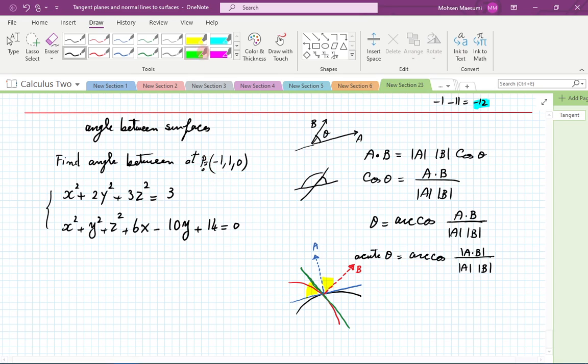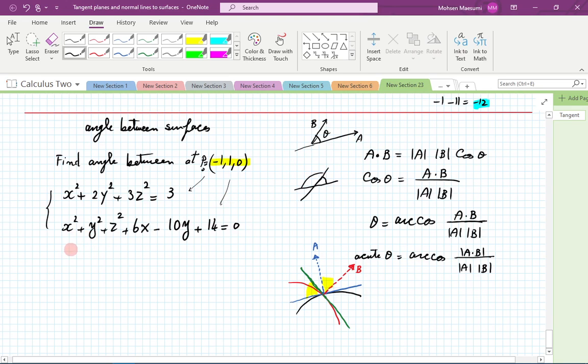First, let's make sure we understand that this point has to be on both of them, that is, on the intersection. So if I put -1 and 1 here, I do get 3. So this point P0 is on this surface. And how about here?